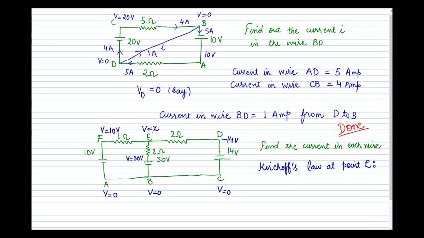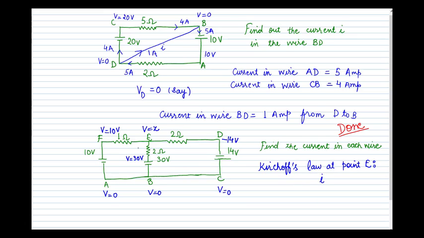So here the voltage is X and here the voltage is 10. So we can write I is equal to V upon R. So the potential difference between these 2 points is X minus 10, and resistance is 1. Let me repeat this once more, because we used Kirchhoff's junction law, and we have to write that the current entering is equal to the current leaving.